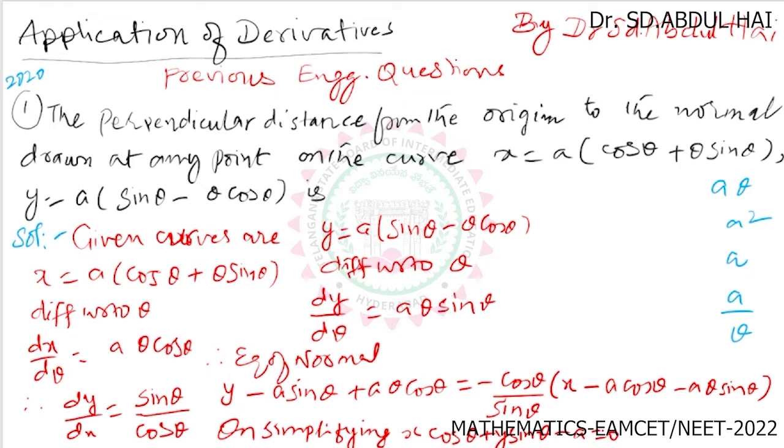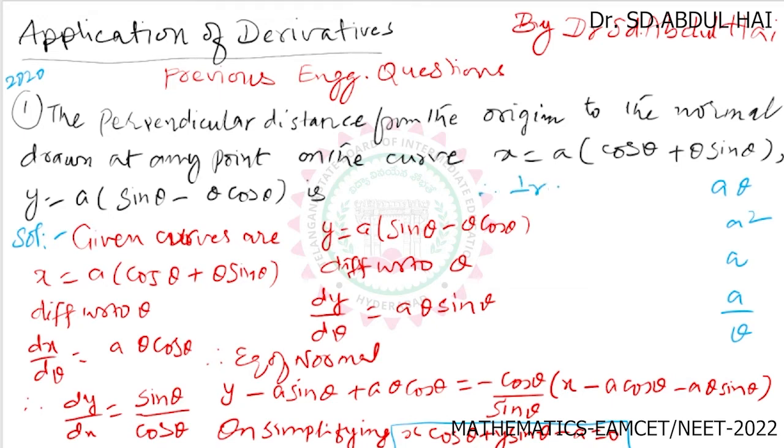So this is the equation of the normal, but I want the perpendicular distance from origin to this normal.